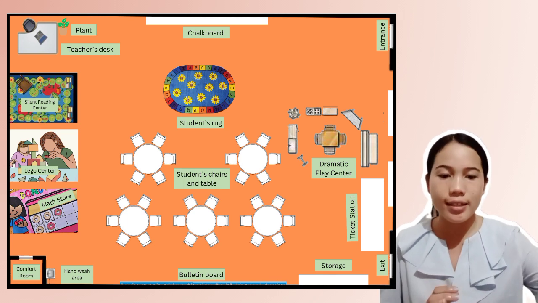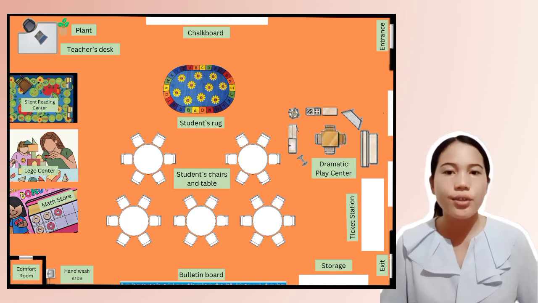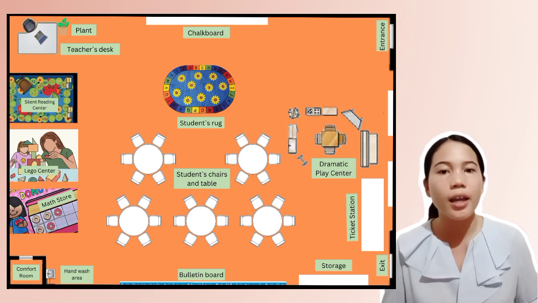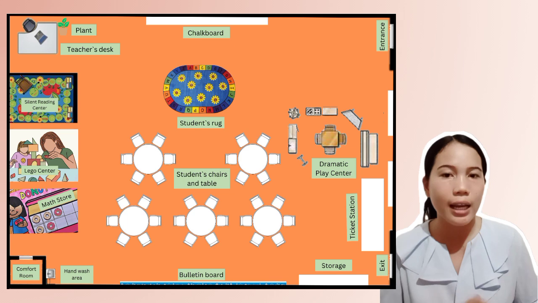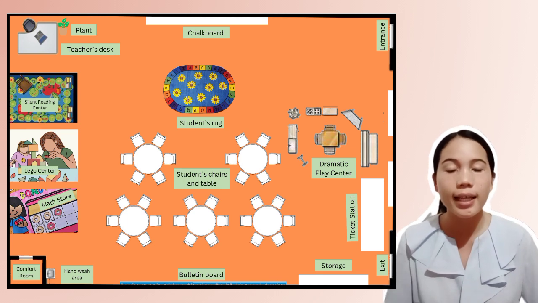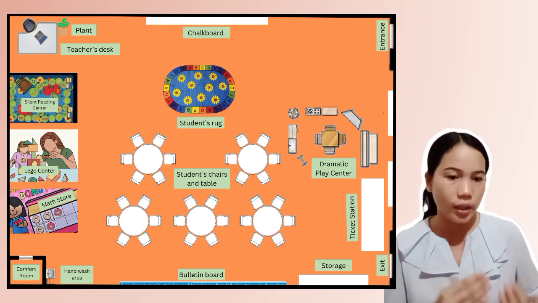And as you can see, beside the bulletin board is the storage. It is where the classroom equipment for cleaning and other necessities to keep the classroom neat and clean, and also the teacher's different instructional materials, are located.